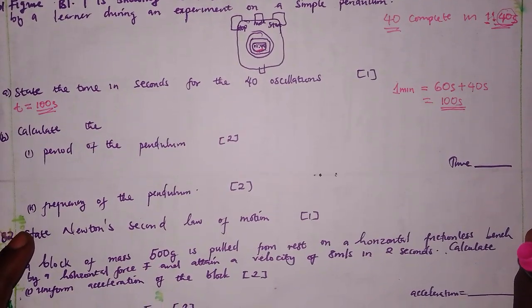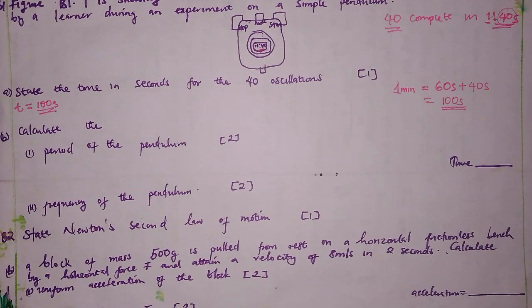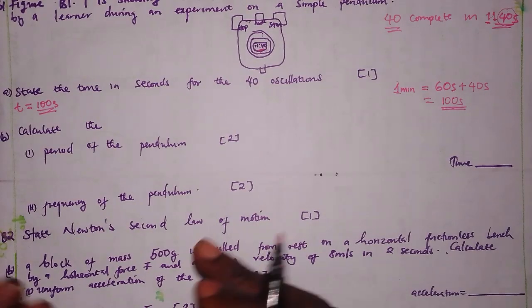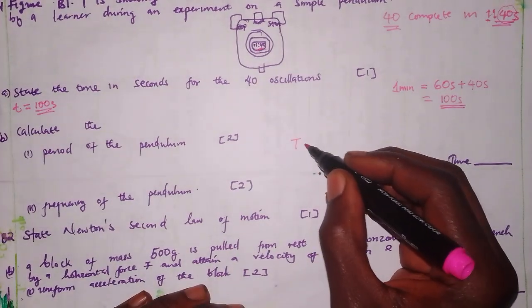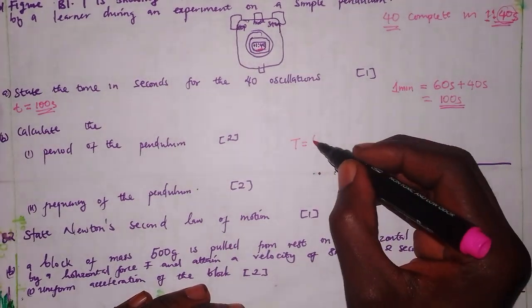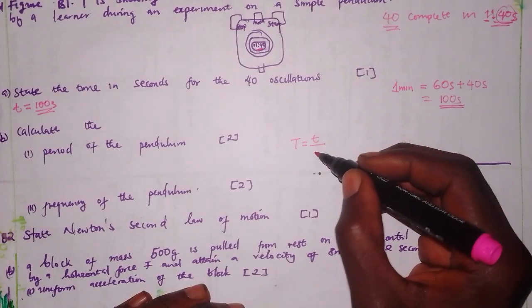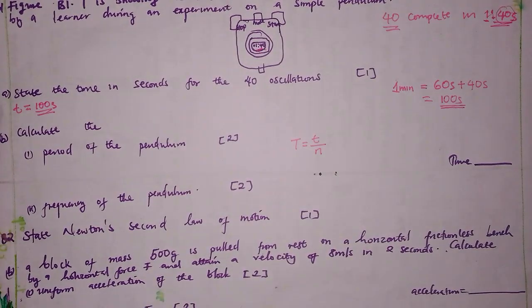So moving on to our second question. Our second question is saying calculate the period of the pendulum. So how can you calculate the period of the pendulum? So remember, the period has a formula which we use whenever we are calculating for the pendulum. The formula for period which you need to know is period is equal to time over number of oscillations.